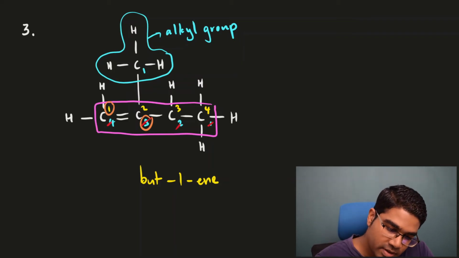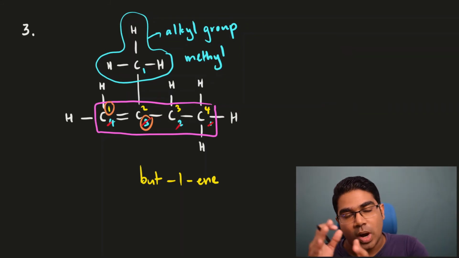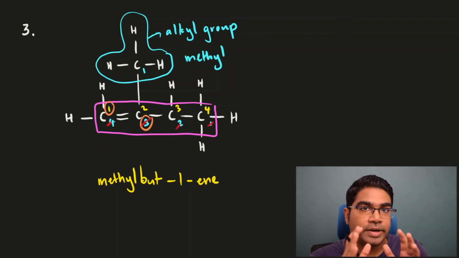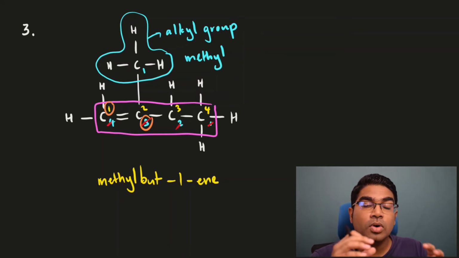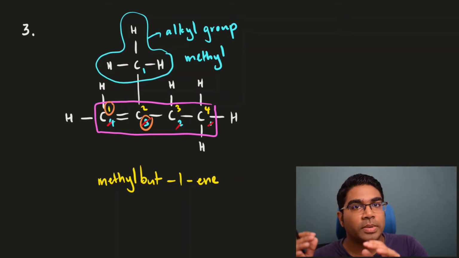So we have methyl. This is actually a methyl group. Use the prefix and add yl at the back. So this is a methyl but-1-ene. But it doesn't stop there because we also have to identify the position of the chain. The position of the chain will follow the numbering that we set earlier for the position of the functional group. It doesn't change.